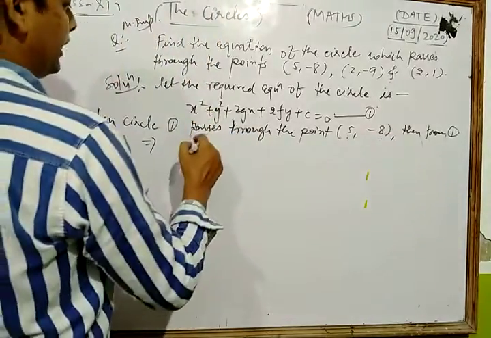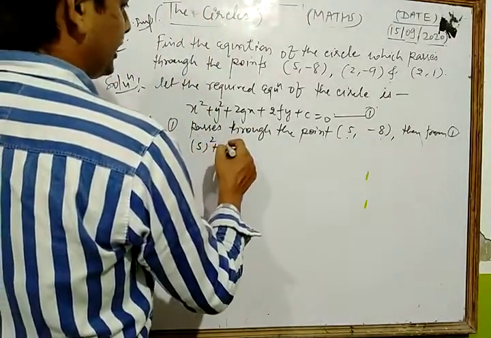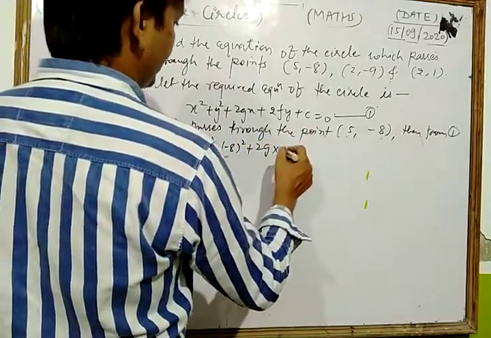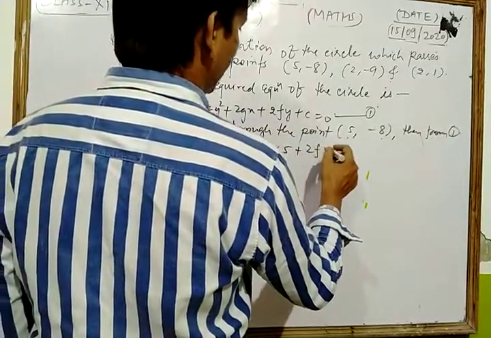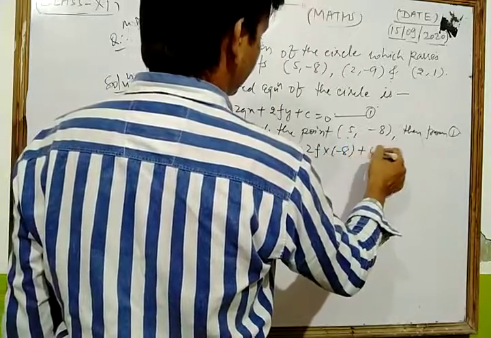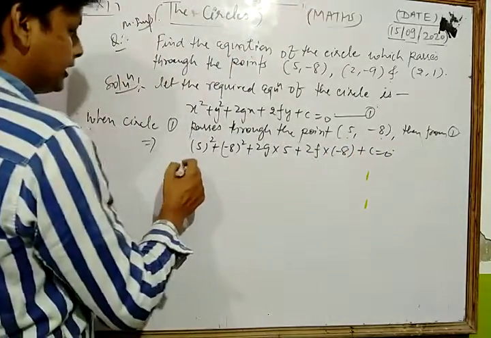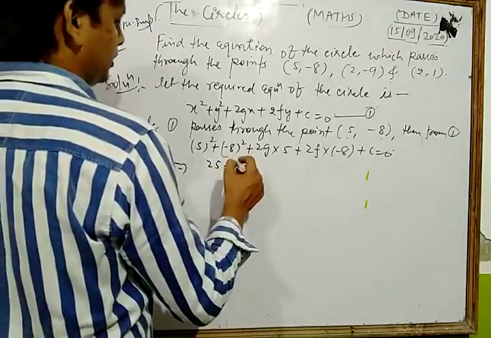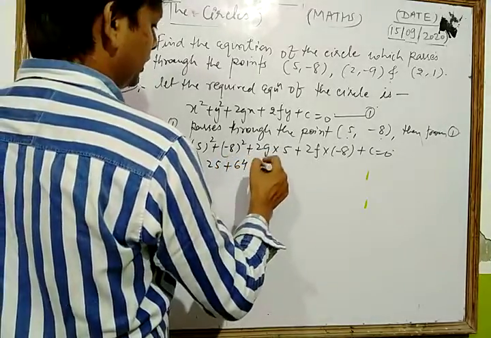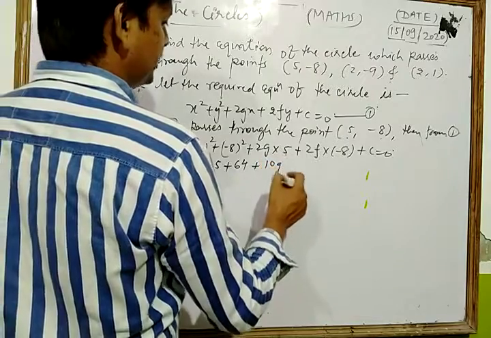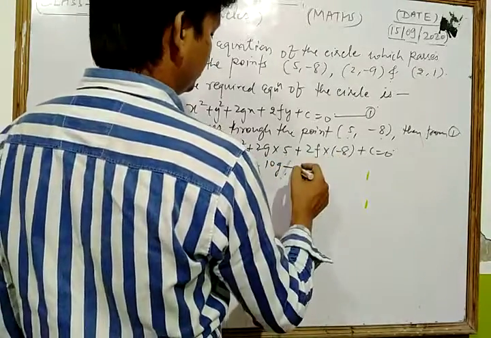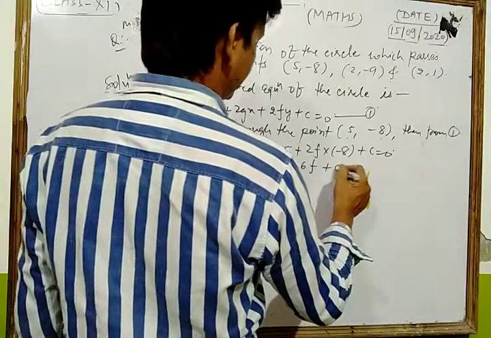We put 5 square plus y square means minus 8 square plus 2g into x, which is 5, plus 2f into y, which is minus 8, plus c is equal to 0. Now we have 25 plus 64 plus 10g minus 16f plus c is equal to 0.